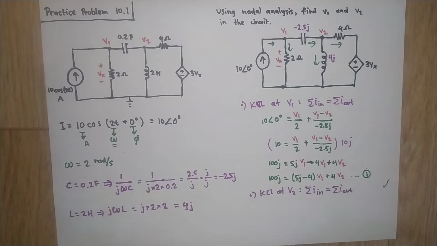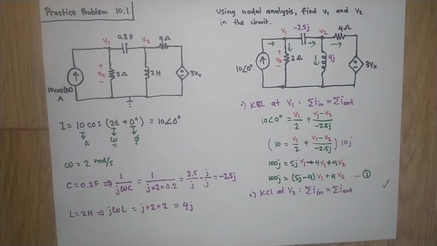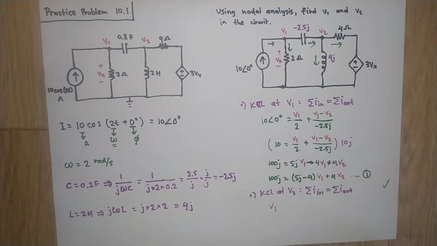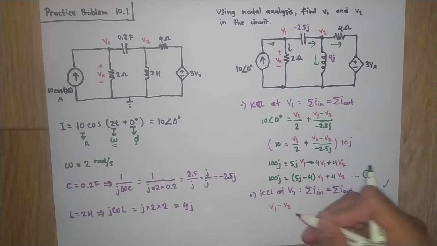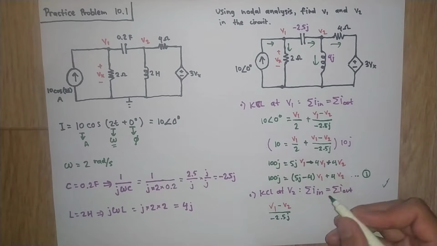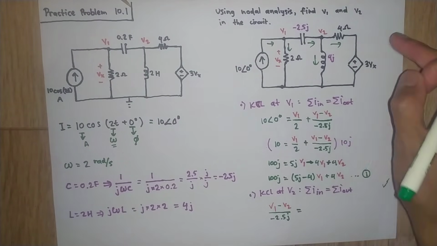Now the current that goes in is only this one, so I will have V1 minus V2 divided by minus 2.5J, and then that will equal the current that goes out here.